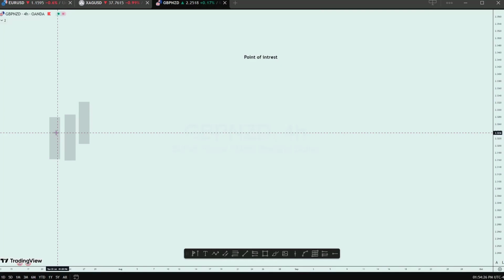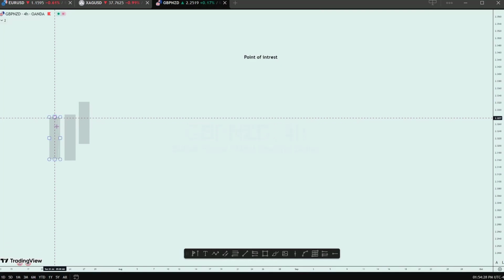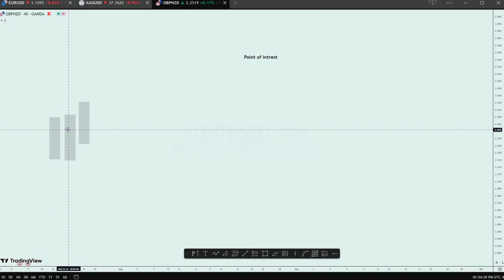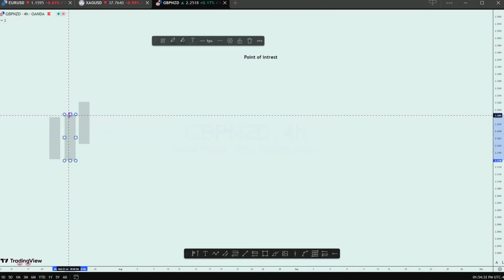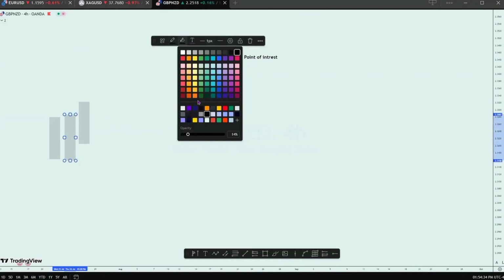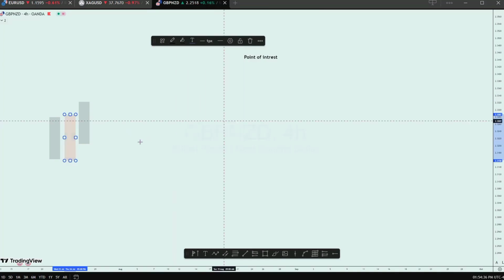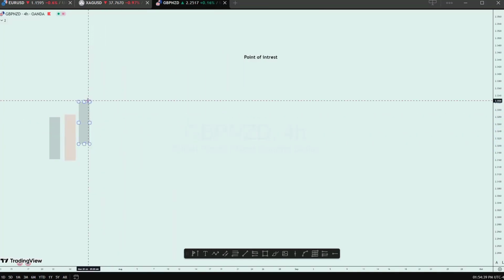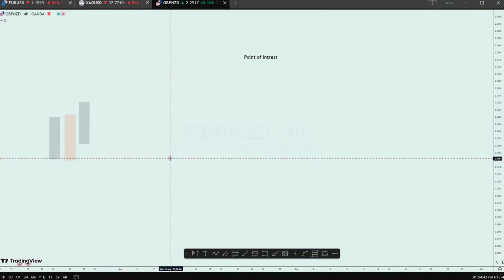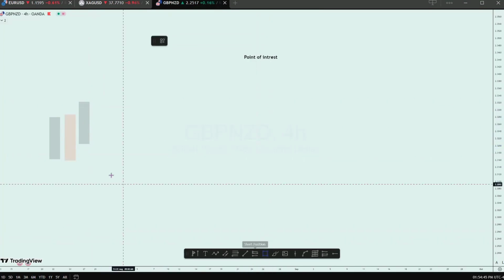I can't be drawing the wick, so let me just move straight to it. Let me change this to red, and for this I can leave it with just black. So now, this is our order block.